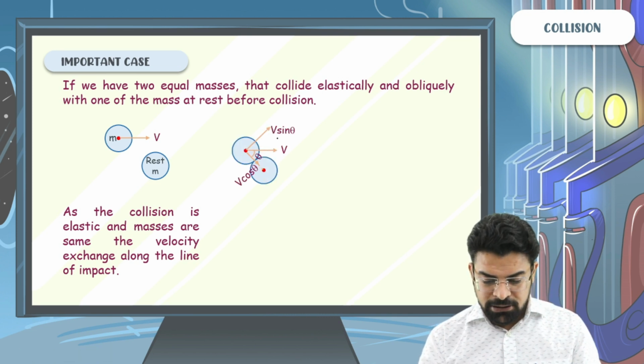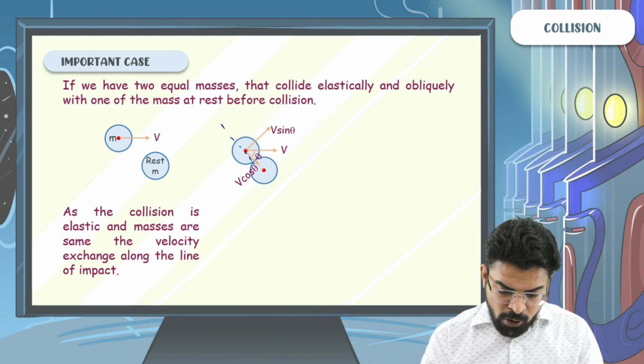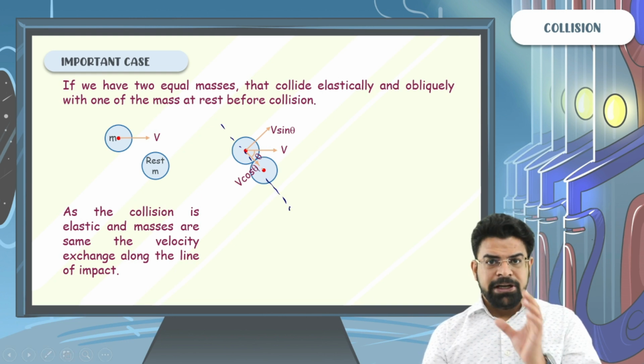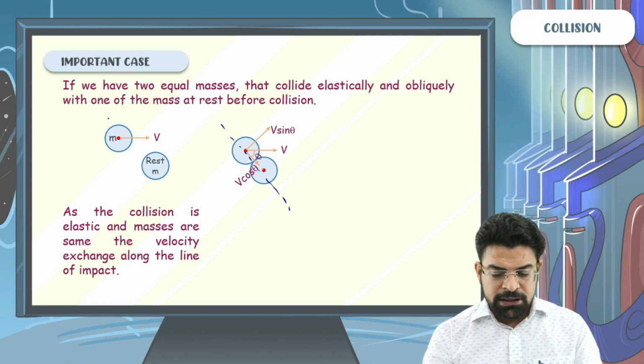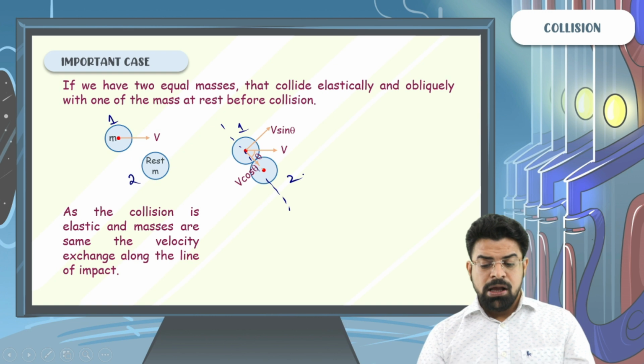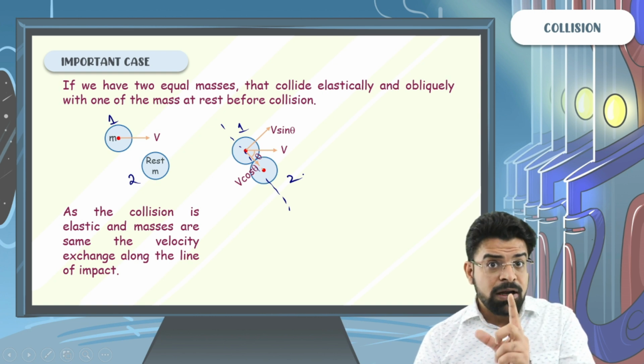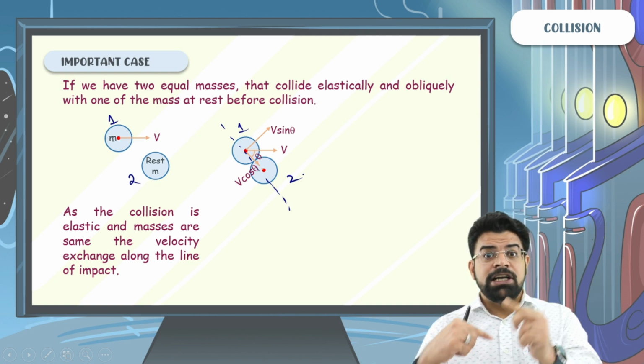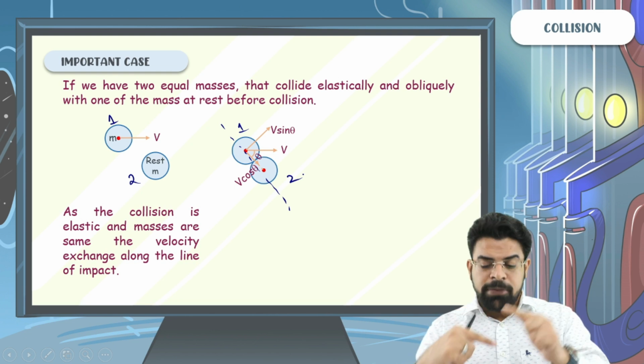So let's say this is the line of impact and this is the picture just before the collision. Let's call the two masses mass 1, mass 2. Since the masses are equal and collision is elastic, they will exchange their velocity along the line of impact.